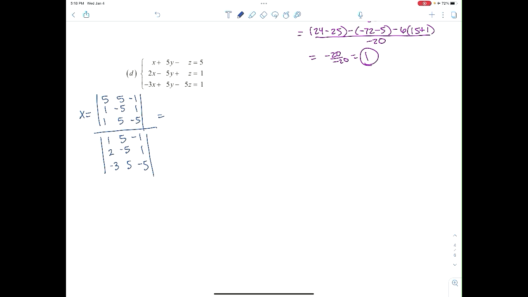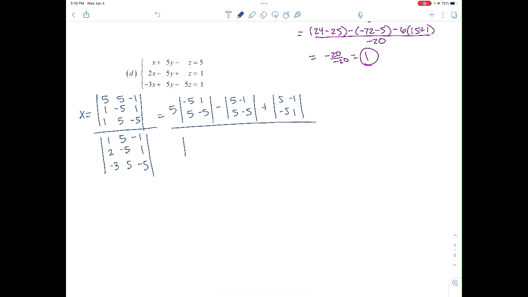So this will give us 5 times the determinant negative 5, 1, 5, negative 5, minus the determinant of 5, negative 1, 5, negative 5, plus the determinant of 5, negative 1, negative 5, 1, over the determinant of negative 5, 1, 5, negative 5, minus 5 times the determinant of 2, 1, negative 3, negative 5, minus the determinant of 2, negative 5, negative 3, 5.